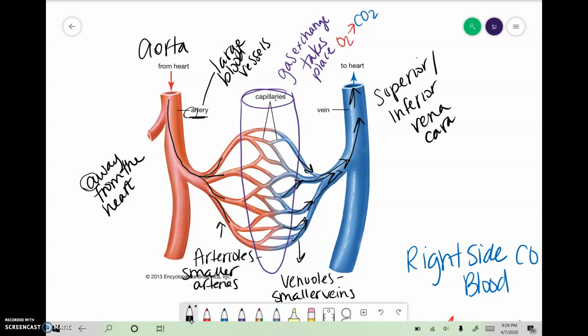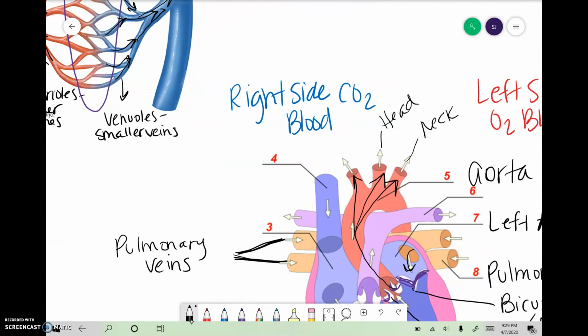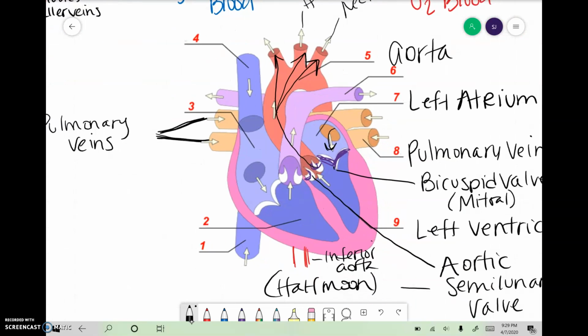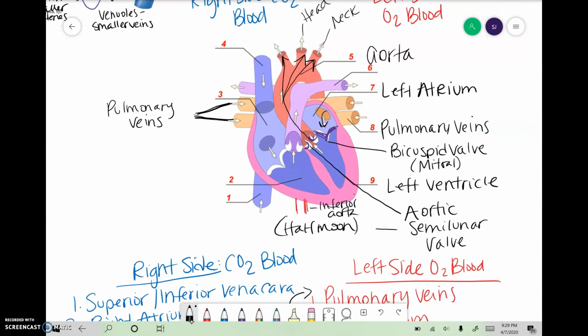The cycle has started all over again. So we could take it back to the heart. Okay, and boom, we're in the superior vena cava. Okay, we're traveling through the right atrium, the tricuspid valve, the right ventricle, and the pulmonary semilunar valve through the pulmonary arteries, back into the lungs. The process starts all over again.